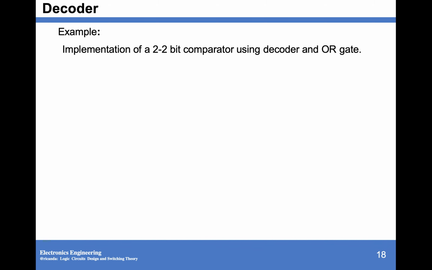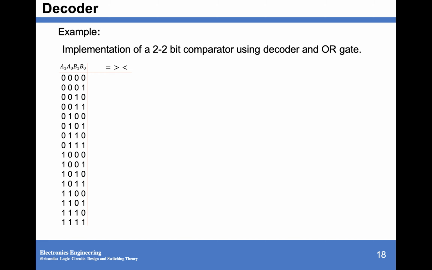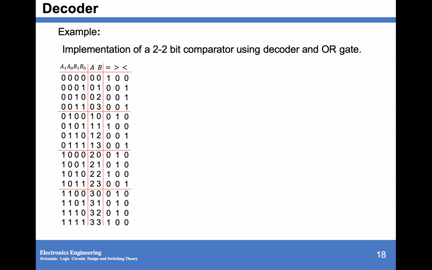For the implementation of your 2 by 2 comparator, this is the truth table of our comparator. We have to get the symbolic expression for equal, greater than, and less than. For equal, that is 0, 5, 10, and 15.